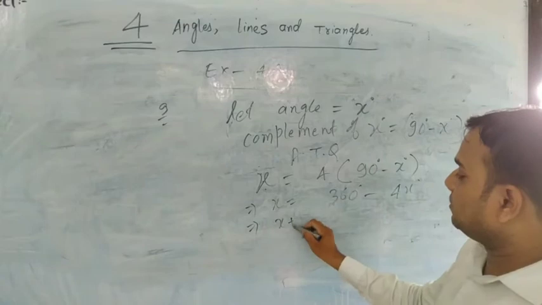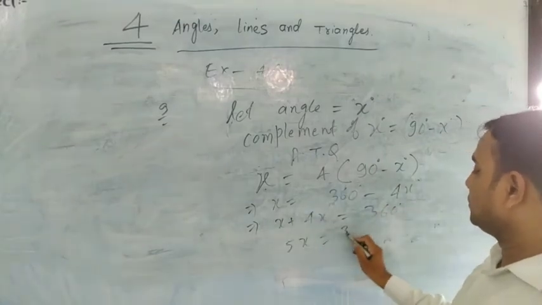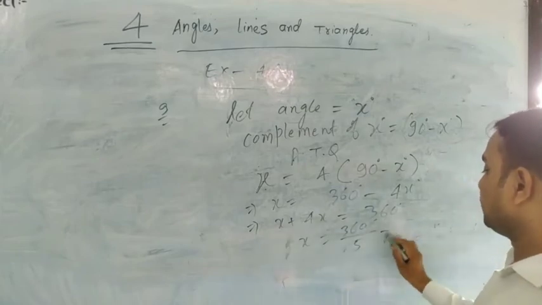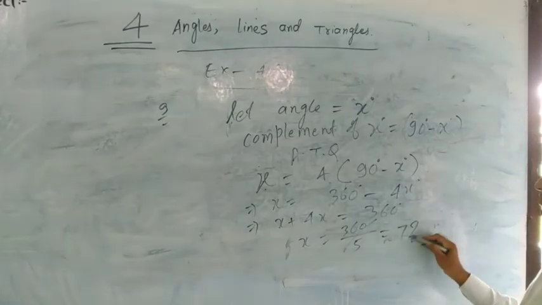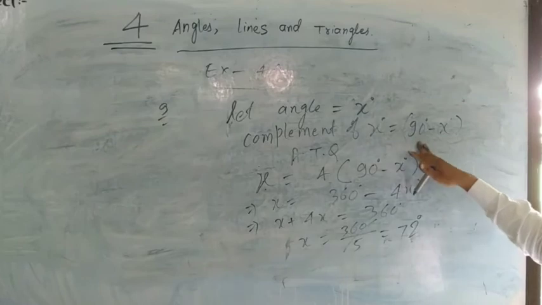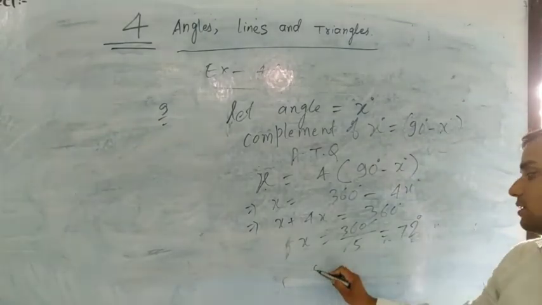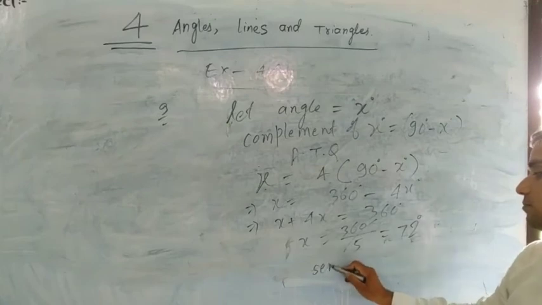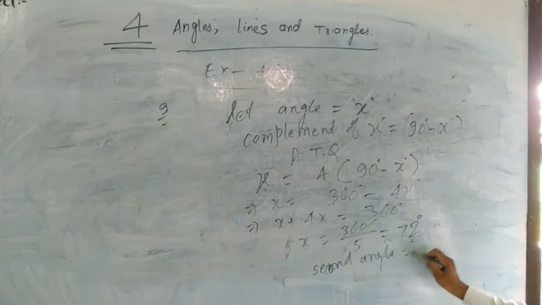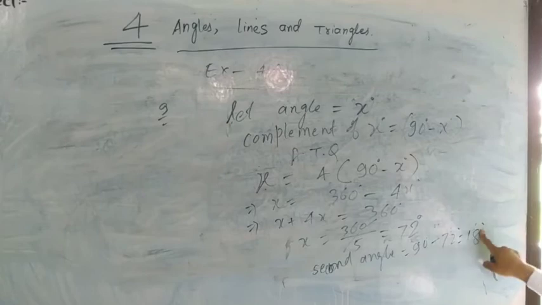Then 5x equals 360, so x equals 360 by 5, which is 72. 72 is the first angle, and the complement of 72 is 90 degrees minus 72, which is 18 degrees. Next, the second angle equals 90 degrees minus 72 degrees, which is 18 degrees.